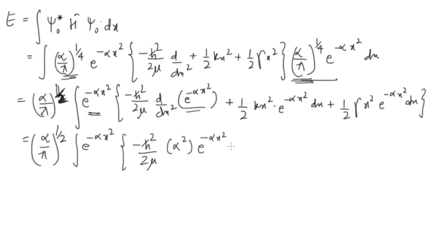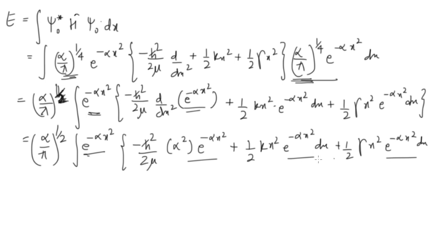Now the next term will remain as it is: half k x square e to the power minus alpha x square dx, and plus half gamma x square e to the power minus alpha x square dx. So this is what you are going to get. Now just multiply this term inside, so you are going to get (alpha/pi)^(1/2) times the integration of minus h cross by 2 pi, alpha square e to the power minus 2 alpha x square dx, because both exponents will be added, so minus minus will be plus.